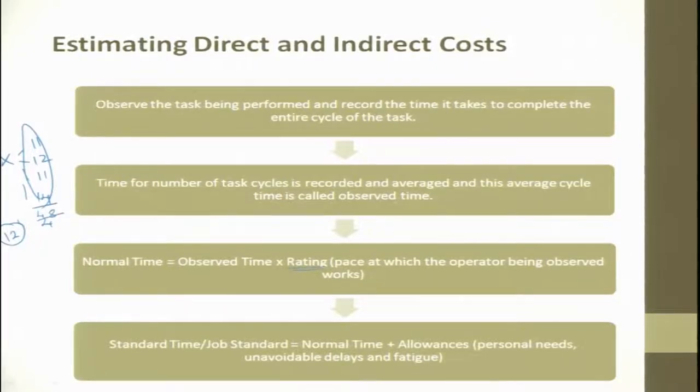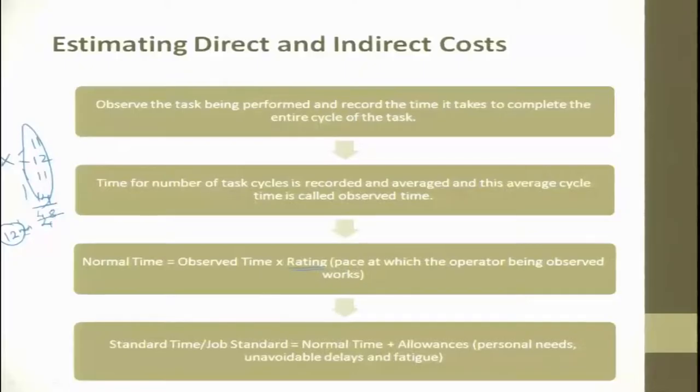So what I do is, I don't take 12 minutes all the time, because if I do it at 12 minutes, then we don't give any fatigue allowance, we don't give an allowance wherein he has to attend to his nature's call. Because if you don't give relaxation, that might lead to fatigue and tiredness, and he does not perform very well, or there is a possibility mistakes can happen.